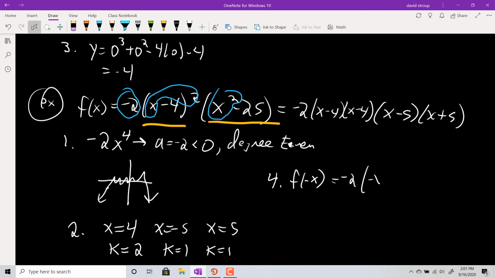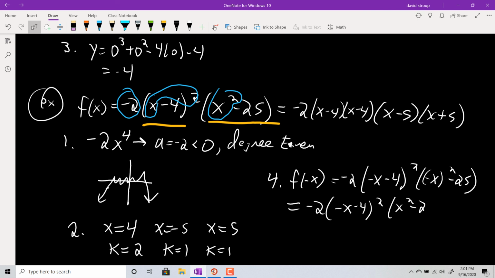Negative 2 times negative x minus 4 squared times negative x squared minus 25. That'll be negative 2 times this negative x minus 4 squared times x squared minus 25. So it looks similar, but it's not, right? It's not the same thing. It's also not the negative of the original.